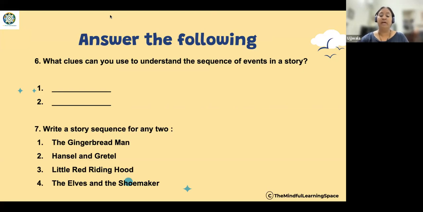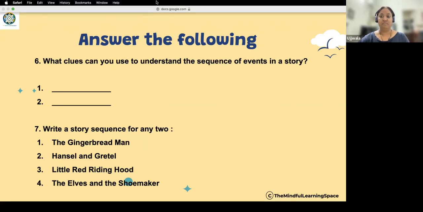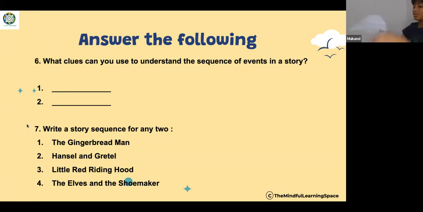Okay, Mukund, I want you to read aloud what you have written. Little Red Riding Hood. Once upon a time, there was a Little Red Riding Hood. Her grandma was sick, so she went to the woods and got her a snack.